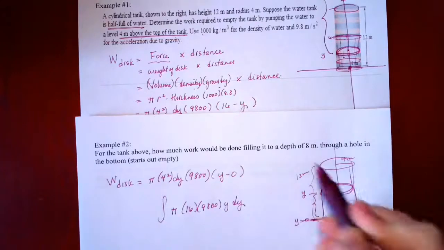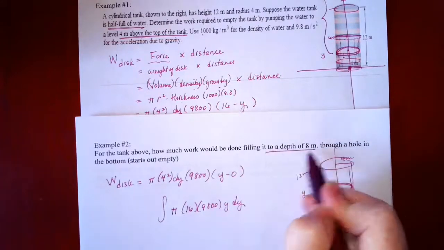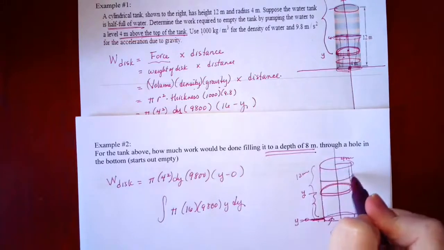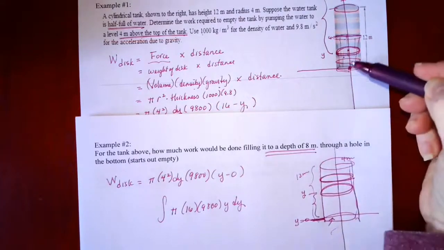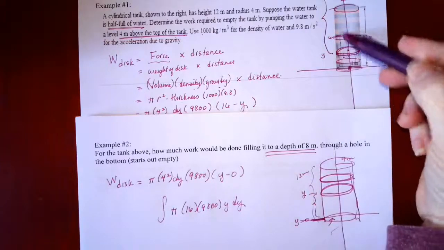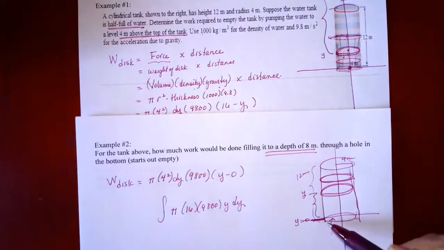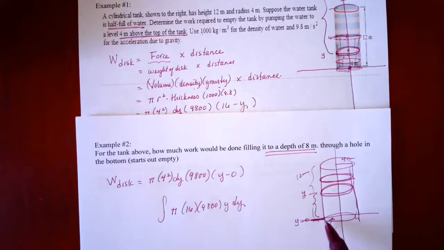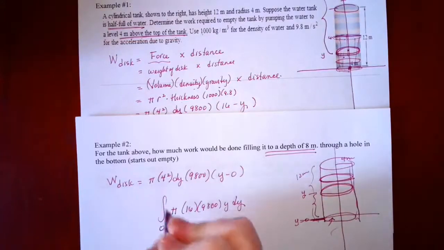Now, I'm filling it to a depth of 8 meters. The limits on my integral come from the limits on water in the tank, either when we started, emptying it to start, or what are the limits on water in the tank after we finish. So this would be from 0 to 8 in this case.